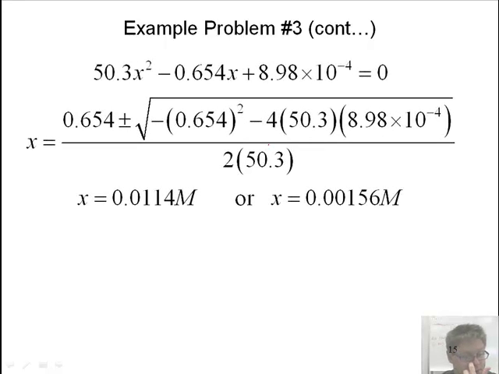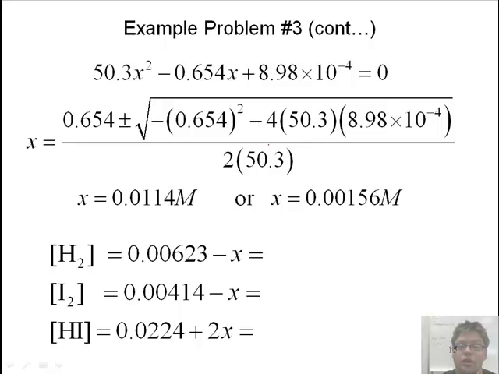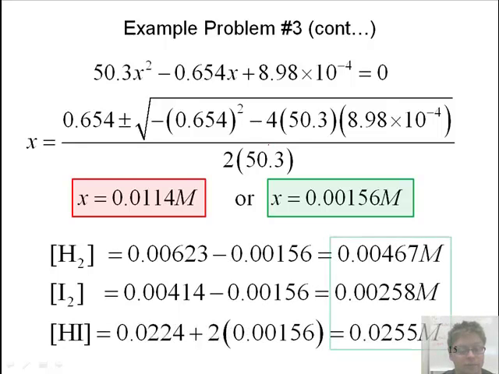So we've got two possible options here in this particular equation. The question is, which one do we use? Do we use 0.0114 molarity or 0.001156 molarity? Two choices, both positive, neither one's negative, you can't rule one out.